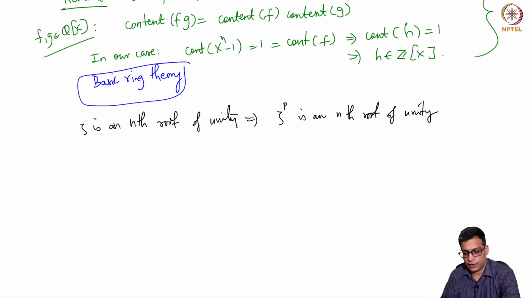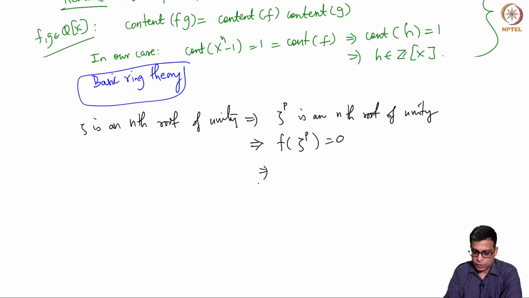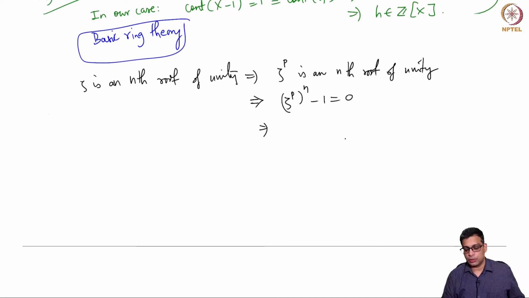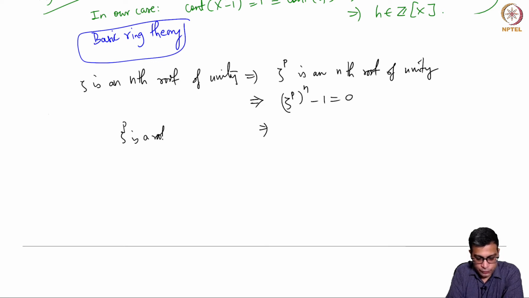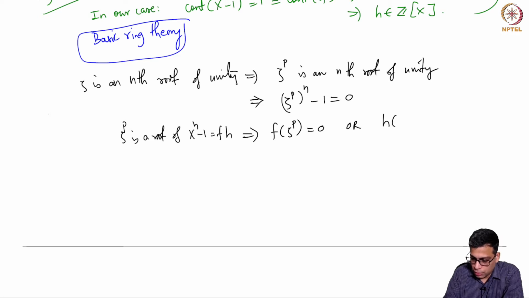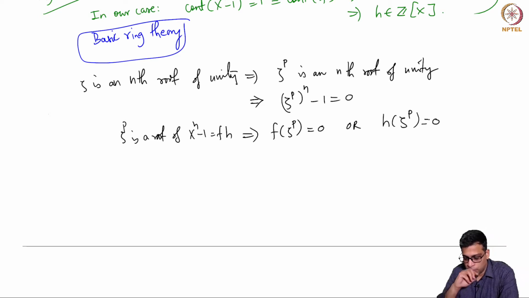Because a power of an nth root of unity is an nth root of unity. So zeta power p is a root of x power n minus 1, which is f times h. But this means f of zeta power p is 0 or h of zeta power p is 0.